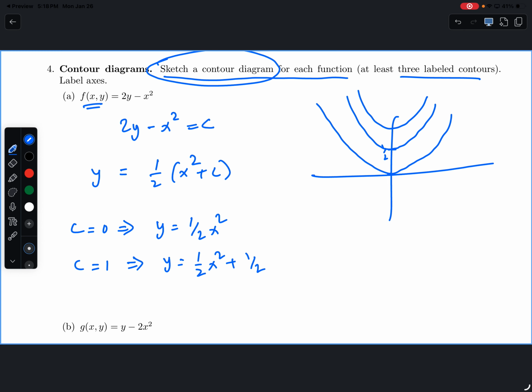You don't need to draw these curves with perfect values and a perfect grid, as long as they look like a parabola and you are giving the idea that if you take c is equal to 1, it is going to be shifted, it should be fine. You don't need to make a grid, choose the values, plot the points and join the points. It's going to take a lot of time, and you won't be having enough time, to be honest.